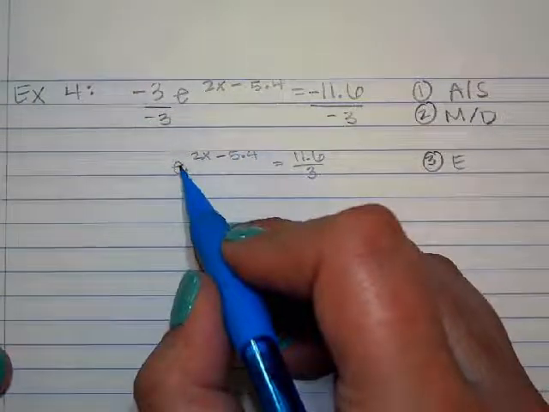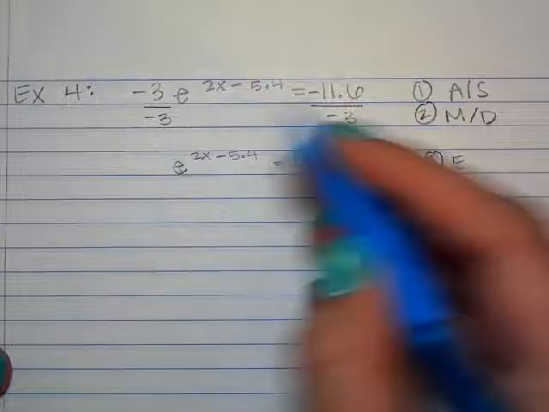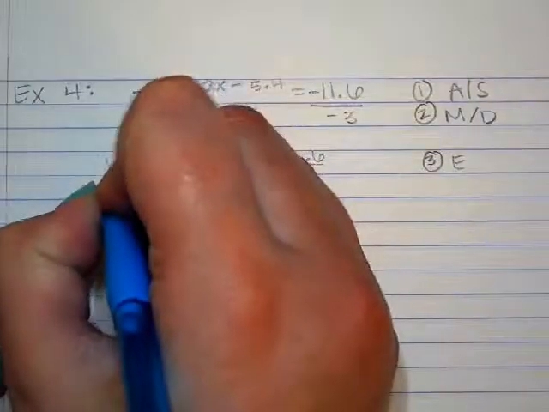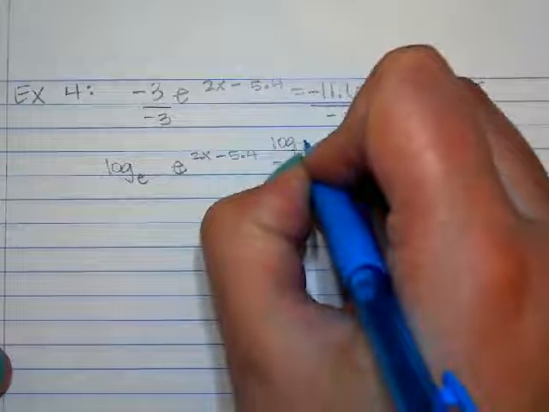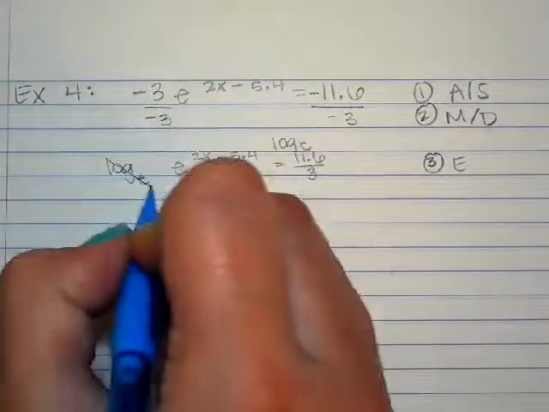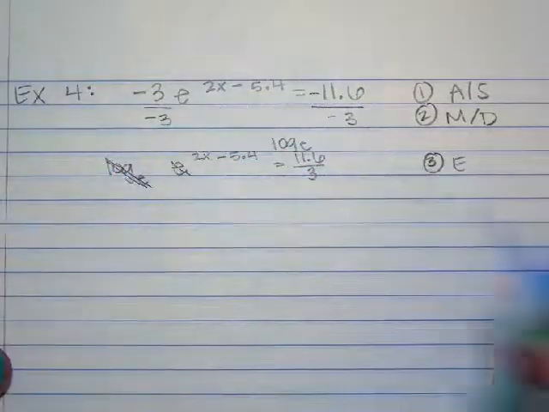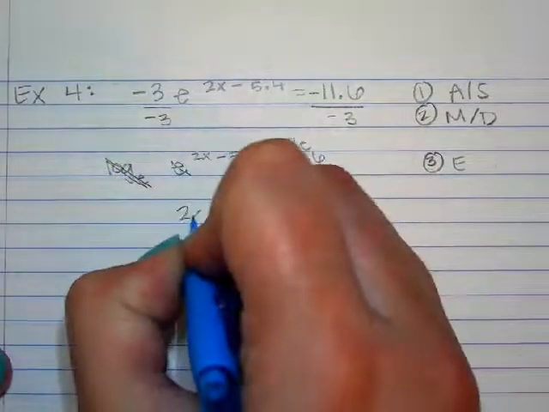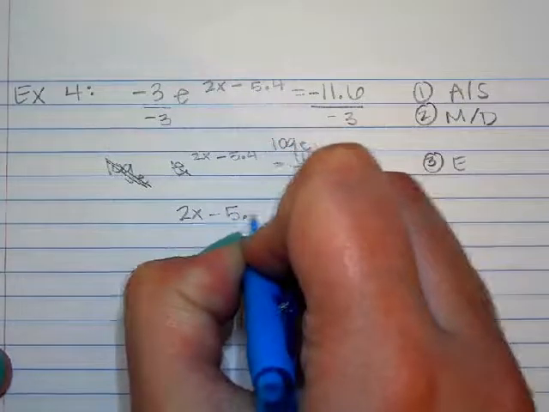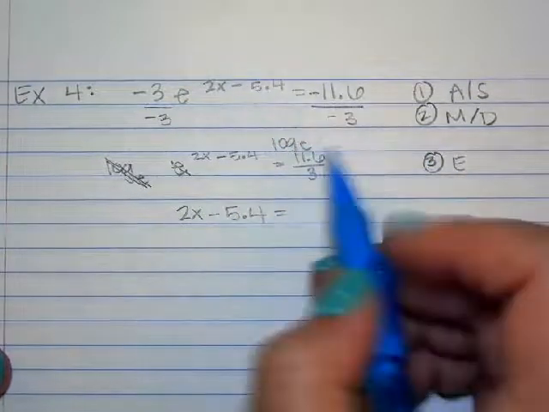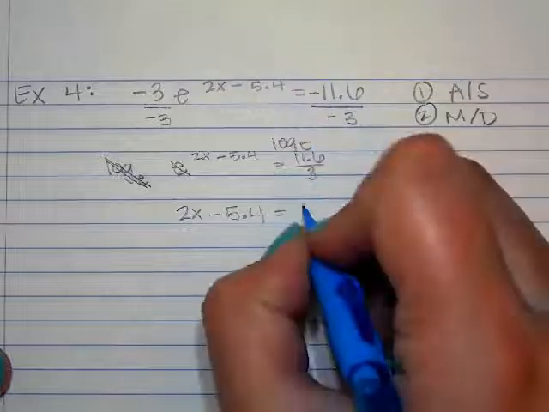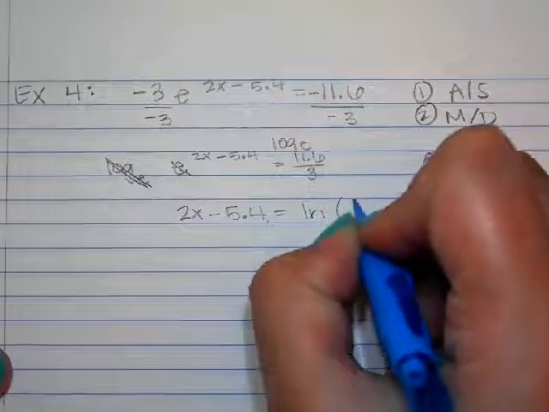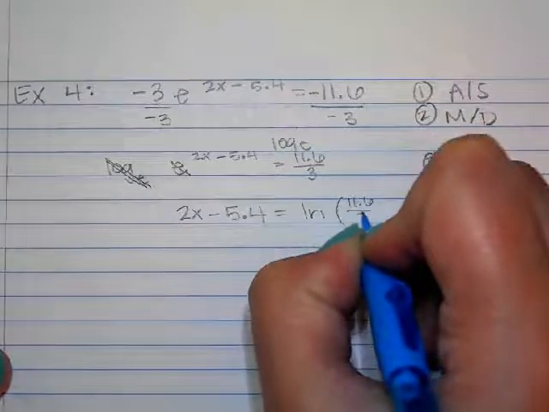So how do we get rid of the base? Yeah, we're going to do natural log. So we're going to log base e each side. Yep. And log base e is actually an ln. So we're going to say 2x minus 5.4 is log base e of 11.6/3, which is the same thing as ln of 11.6/3.